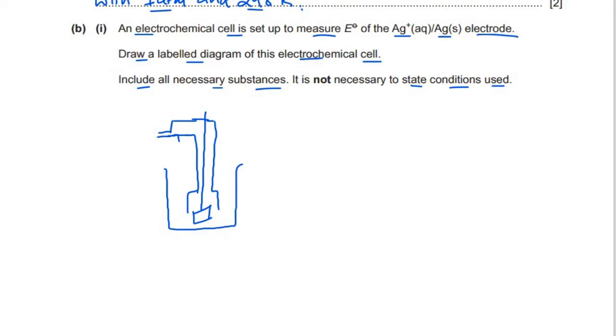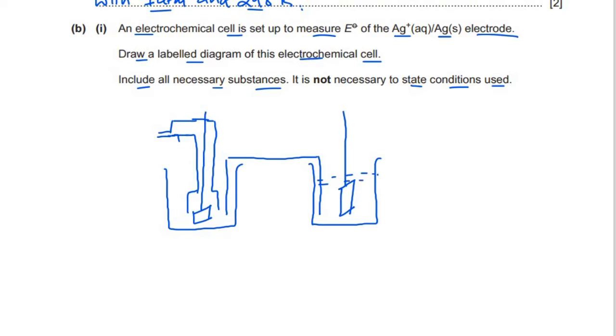Fine. So that's a hydrogen electrode that has to be connected with a salt bridge to another half cell, which is a silver electrode, silver half cell. Now I should draw a silver electrode, with silver ions as an electrolyte.